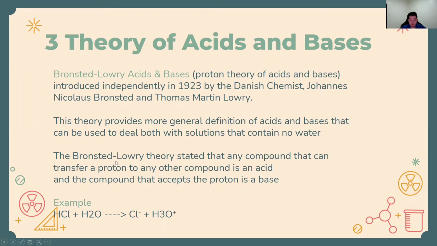The Bronsted-Lowry theory stated that any compound that can transfer a proton to any other compound is an acid, and the compound that accepts the proton is a base. Example, HCl + H2O equals Cl- + H3O+. So the HCl transfers the proton, and H2O accepts the proton.